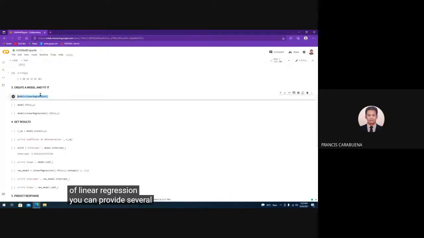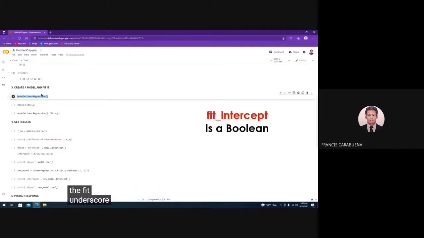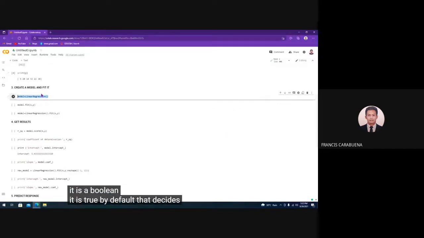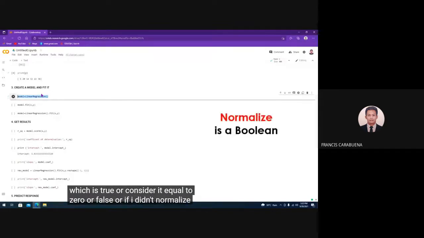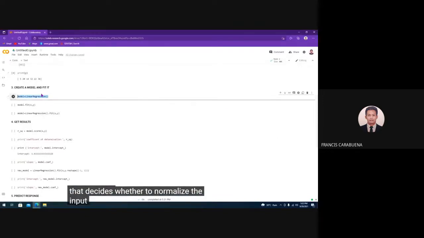These statements create the variable model as the instance of LinearRegression. You can provide several optional parameters to LinearRegression. First is fit_intercept. It is a Boolean, true by default, that decides whether to calculate the intercept b0, which is true, or consider it equal to 0, or false. Second is normalize, which is a Boolean, false by default, that decides whether to normalize the input variables, or true, or not, which is false.